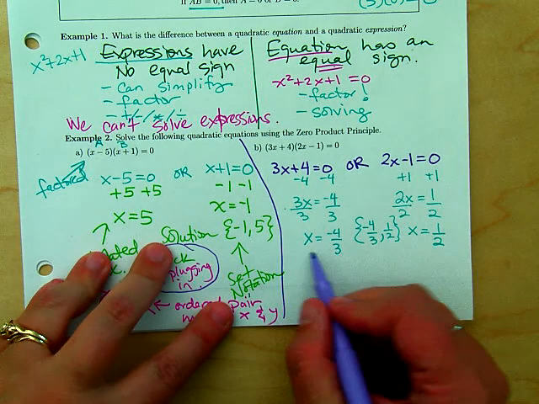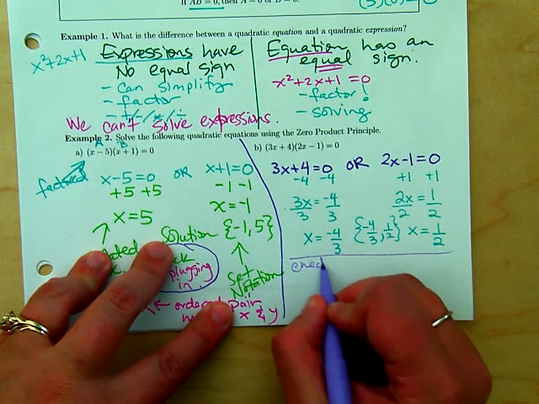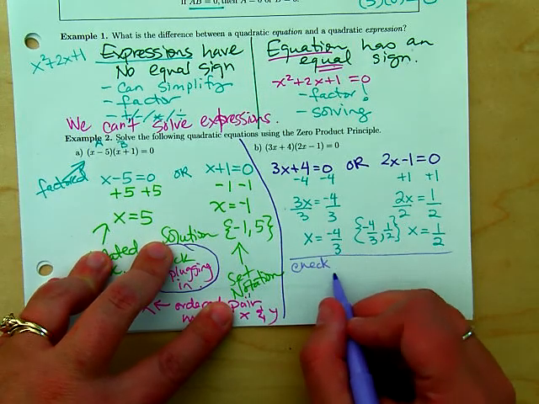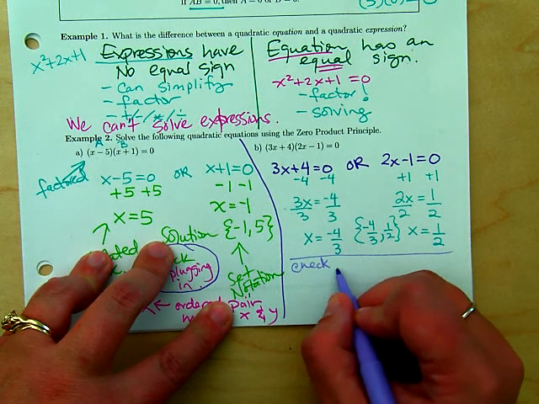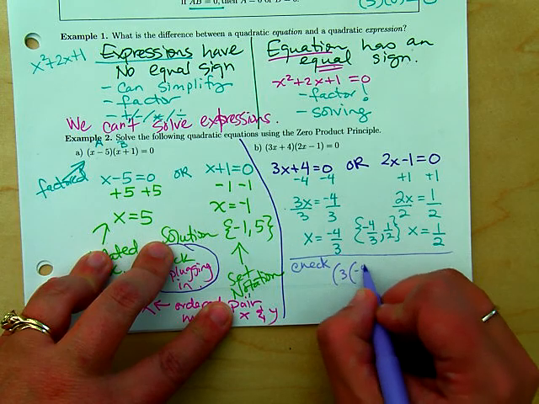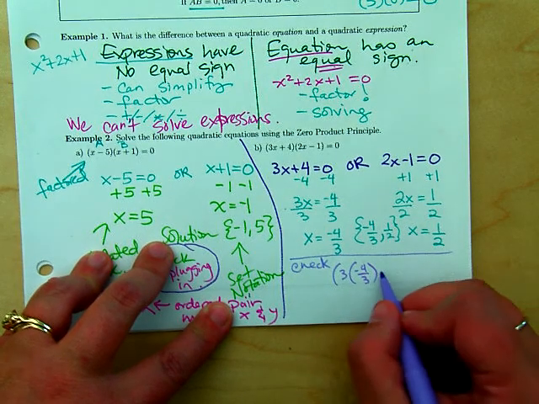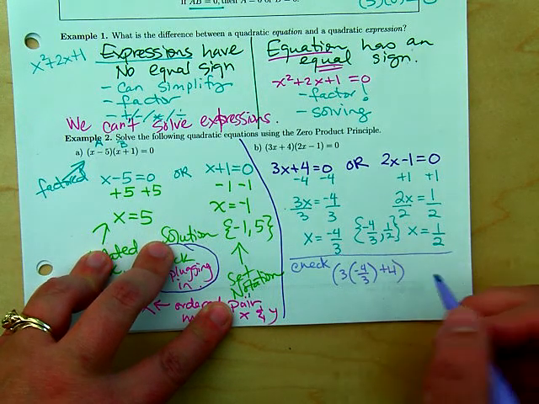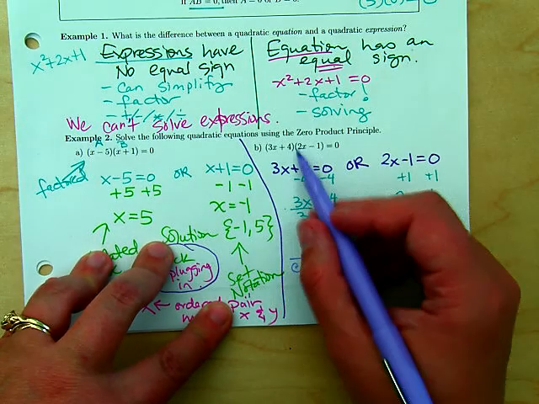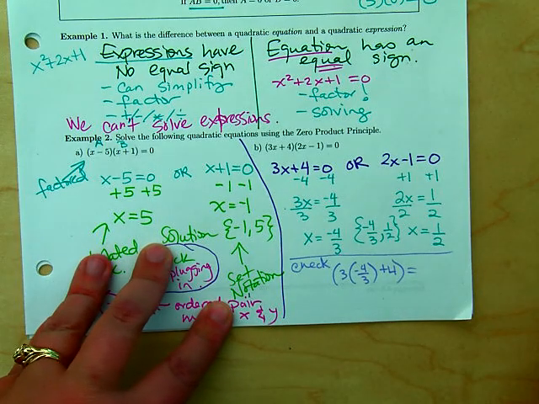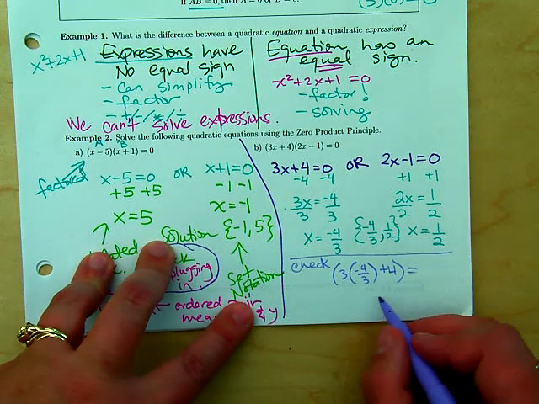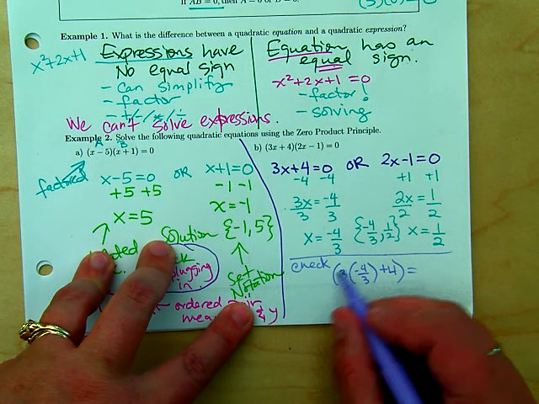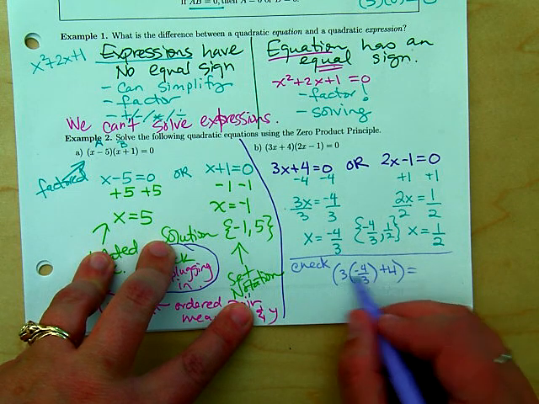So if I want to check, and I always suggest you do, I can plug it back in. So I can take the negative 4/3. Here's 3 times negative 4/3 plus 4. And if this gives me 0, it really doesn't matter what negative 4/3 would be in the other example, but you can still plug it in there too. So what happens when you plug in negative 4/3 here?